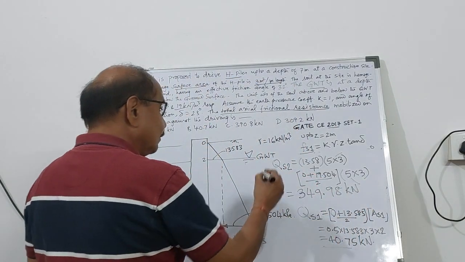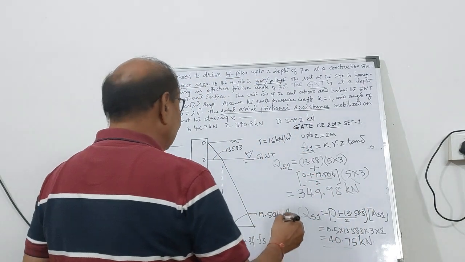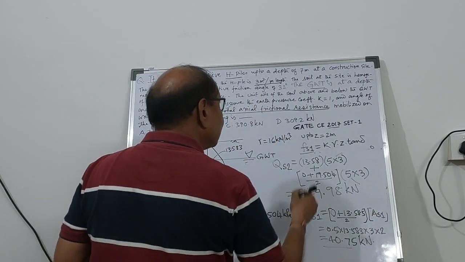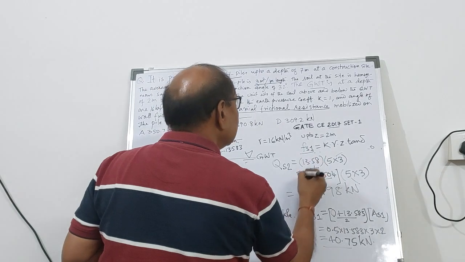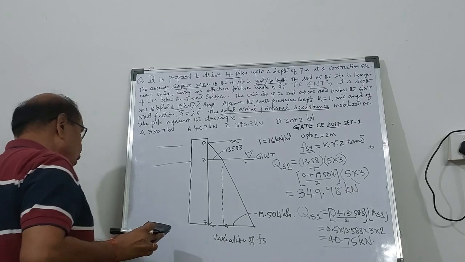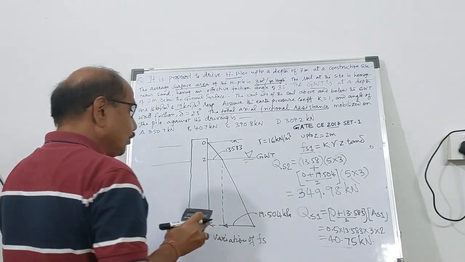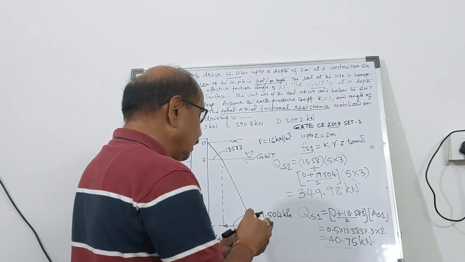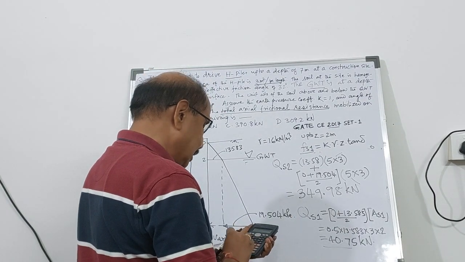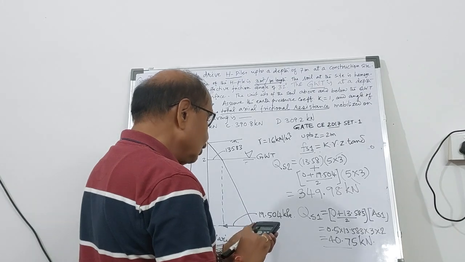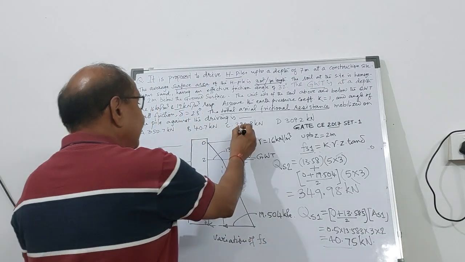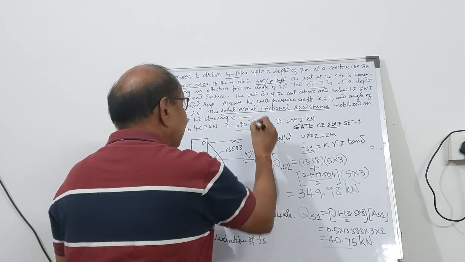Therefore, the total axial frictional load will be QS1 plus QS2. So if you add it, you will get the value of QS: 349.98 plus 40.75, which is 390.73.